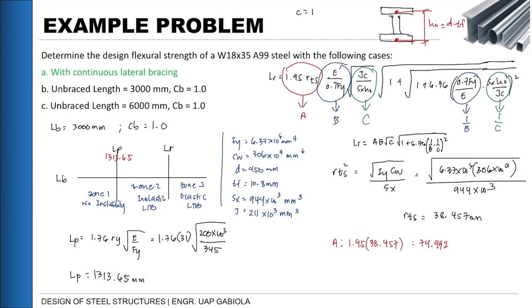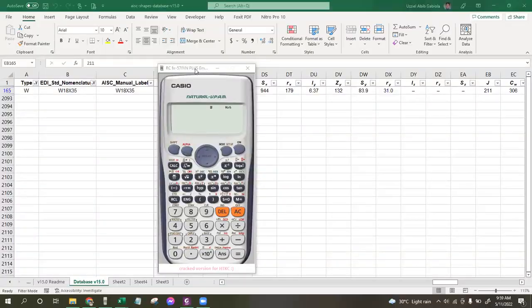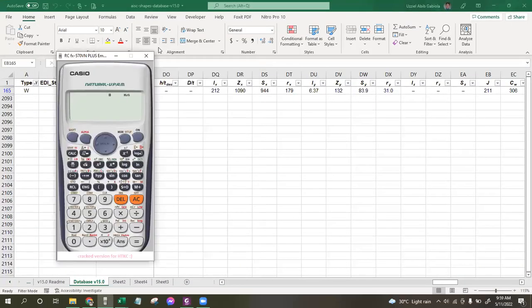Okay, so, siguro, ayan. So, while naka-open tayo, okay, ito. So, sa calcu natin, ito. So, halimbawa, meron tayong na-calculate na values, diba? 38.457 yung ating R. Okay? Sa-times natin ng 1.95. Ito yung para sa letter A natin.